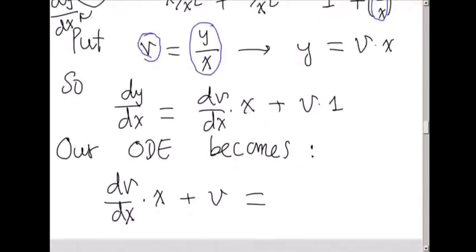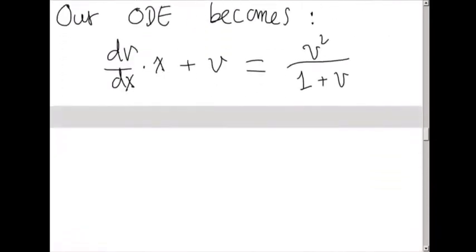So on the right hand side, the numerator is v squared, and the denominator is 1 plus v. Now we have a new equation with unknown v and independent variable x.